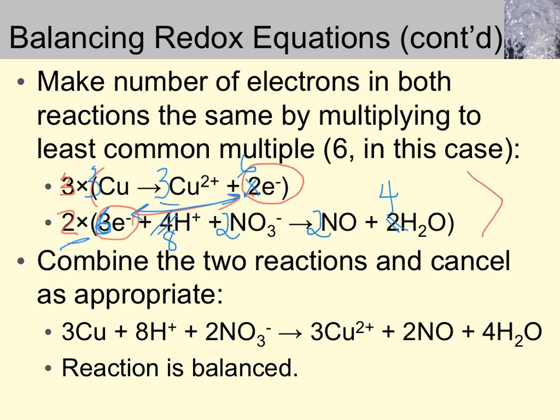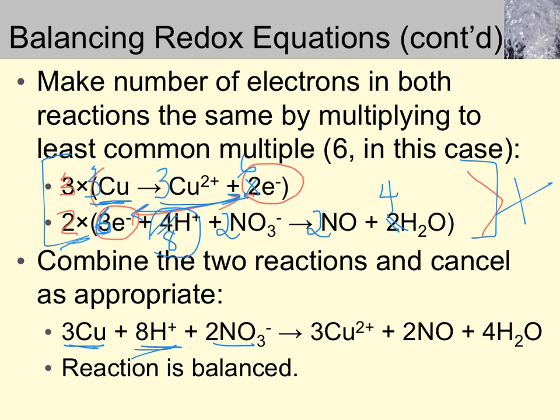Okay, so now you've matched up electrons. Now you literally add the two reactions together. Okay, how I do that, just like Hess's law, if you remember that, is I add every single reactant together from both half reactions. So 3 copper, 8 hydrogen.